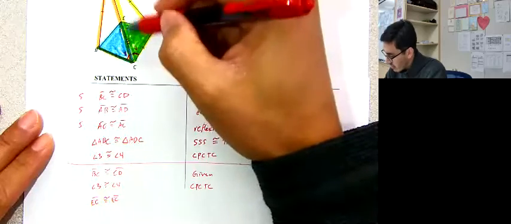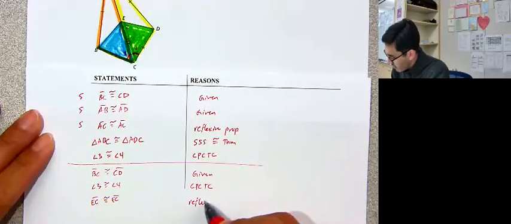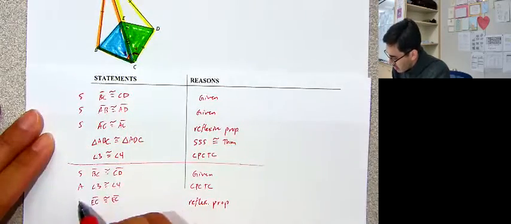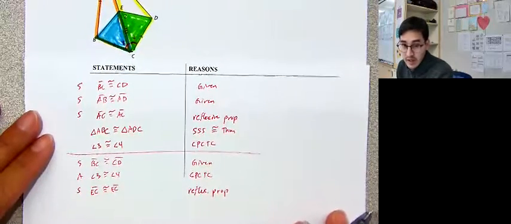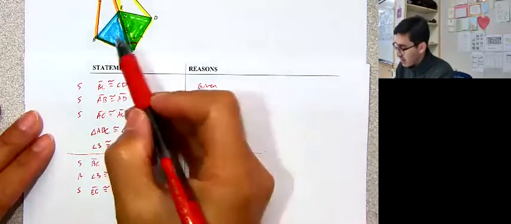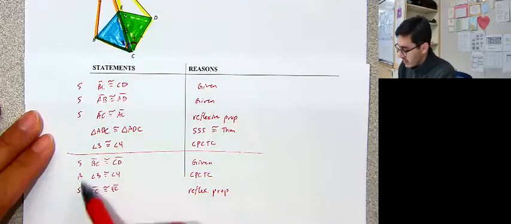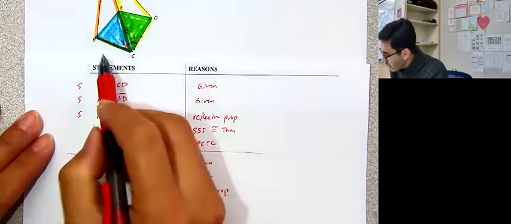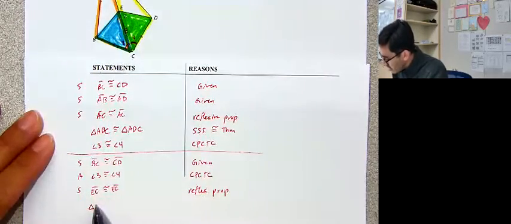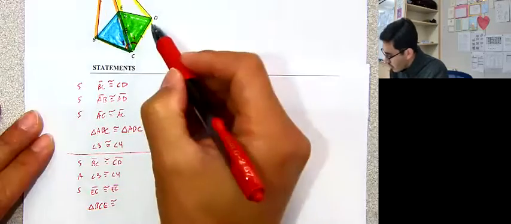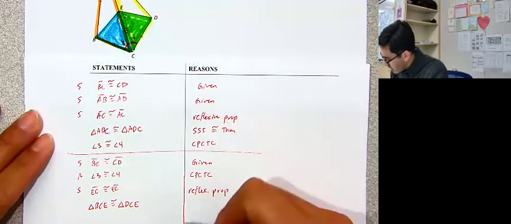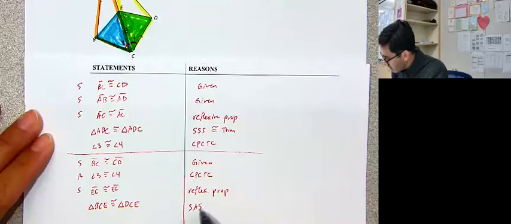We mentioned earlier that that's just the reflexive property. So that's side-angle-side. Now we can claim that the blue and green triangles are congruent, since it fits the side-angle-side method. Let's call the blue triangle BCE and the green triangle DCE, congruent by side-angle-side.